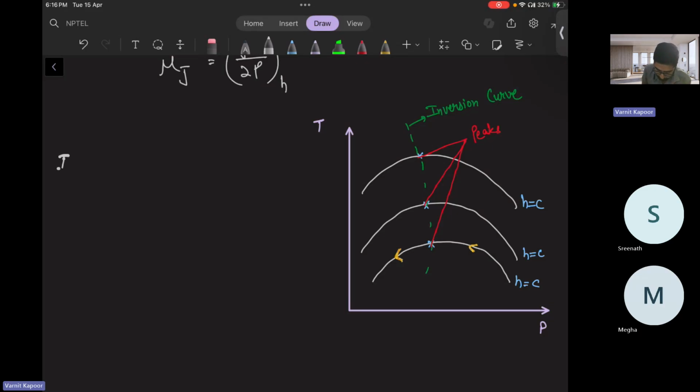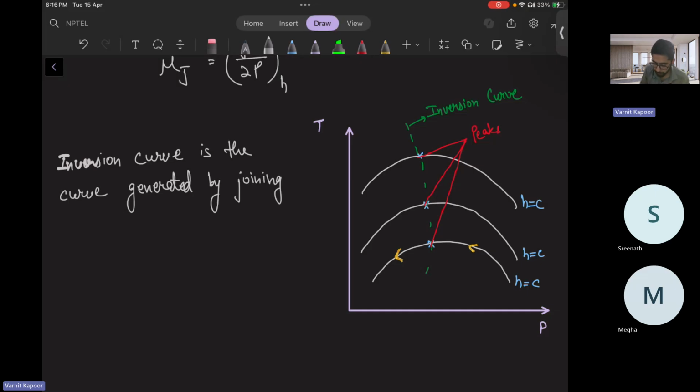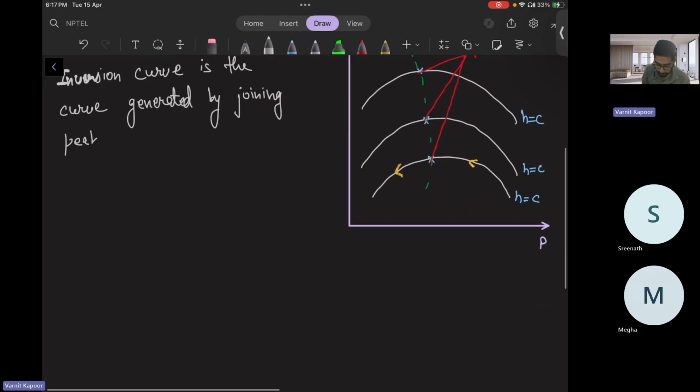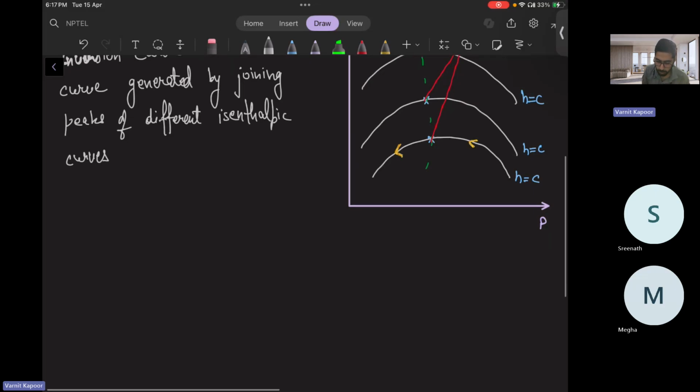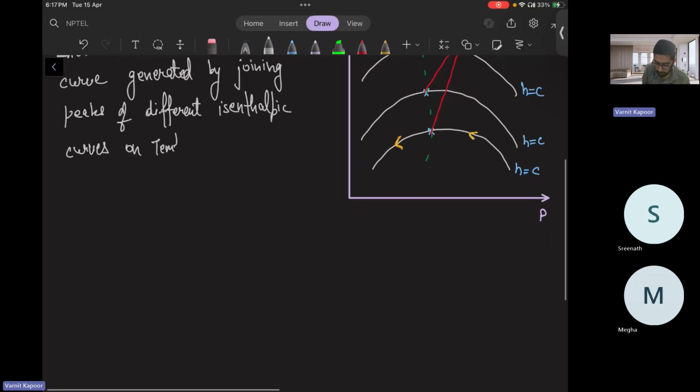So let me write here: the inversion curve is the curve generated by joining peaks of different isenthalpic curves on a temperature-pressure plot.